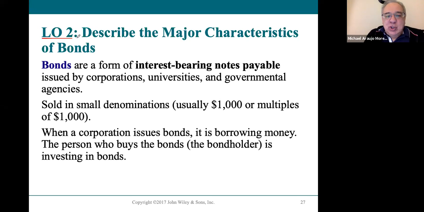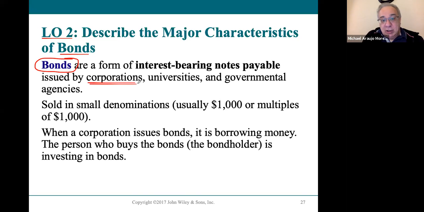So learning objective 2 introduces us to bonds. A bond basically is a loan from investors. Everybody talks about the stock market, and the stock market is important. What's equally important in our system is the bond market. The bond market is where investors go to lend money. Who do they lend money to?